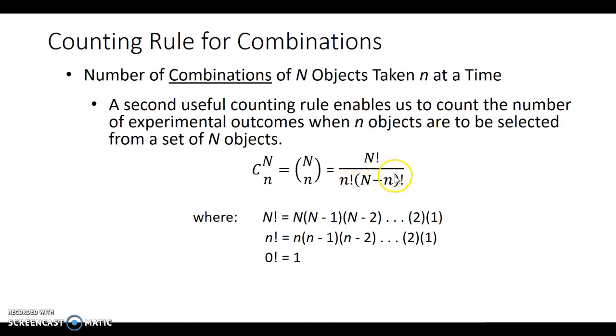Now inside these brackets here, we have capital N, which is 10, minus little n, which is 2, that would be 8. So 8 factorial would be 8 times 7 times 6 times 5 times 4 times 3 times 2 times 1. Okay? The answer to that question would be 45 different combinations of shirts.